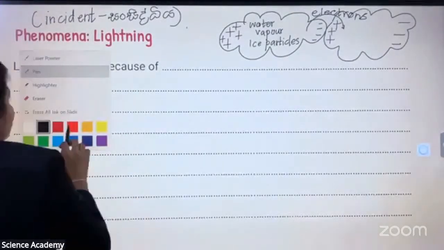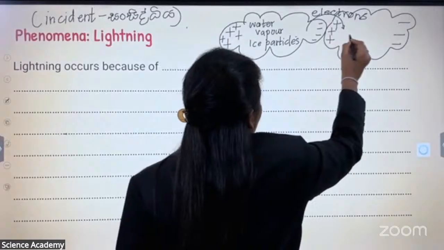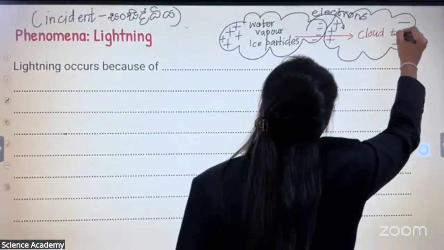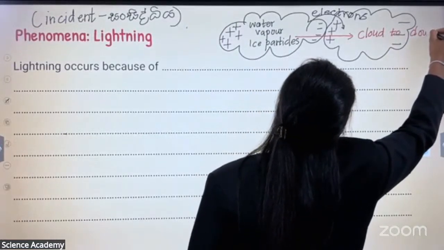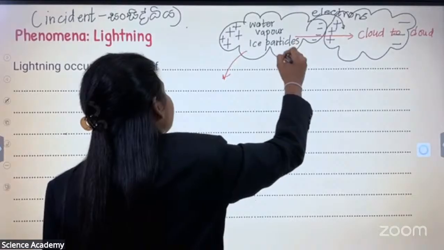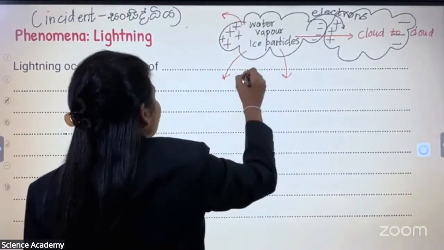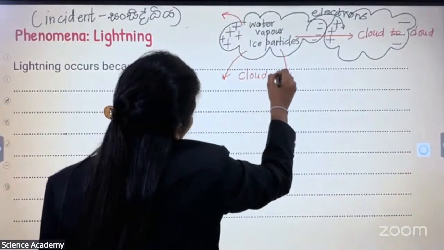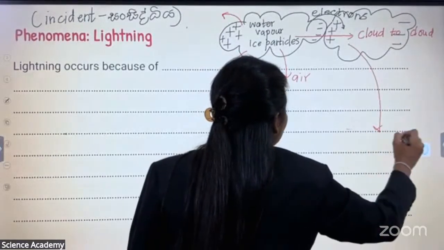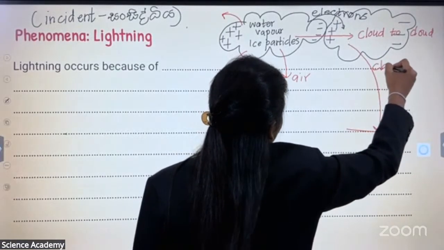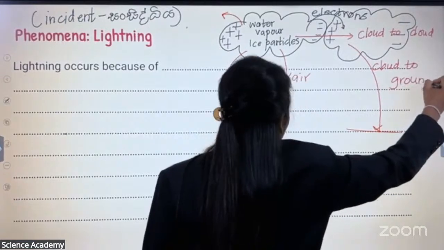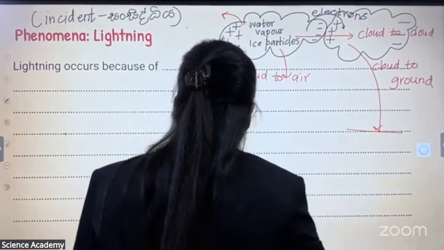So here I can show cloud to cloud. If you have color pens, you can write cloud to cloud, cloud to air, and then cloud to ground. Okay, draw that diagram wherever there is space.